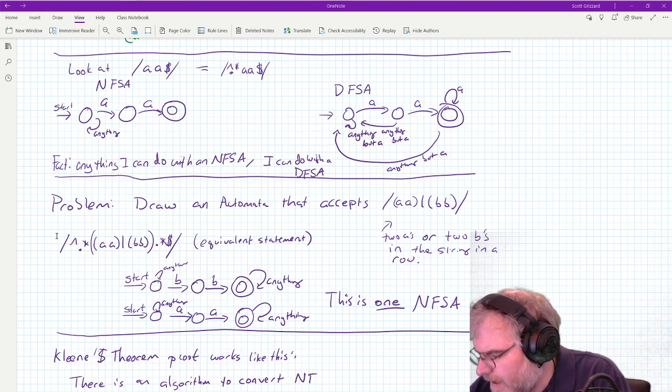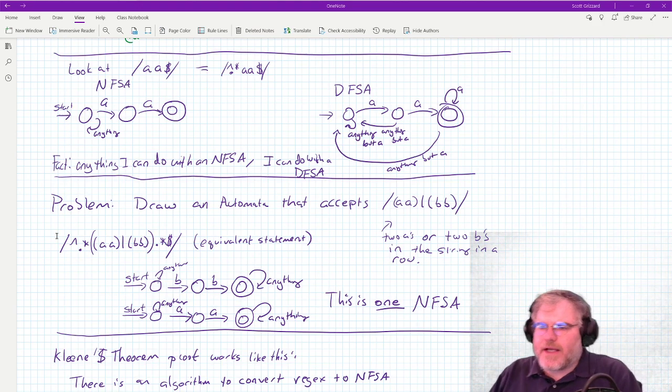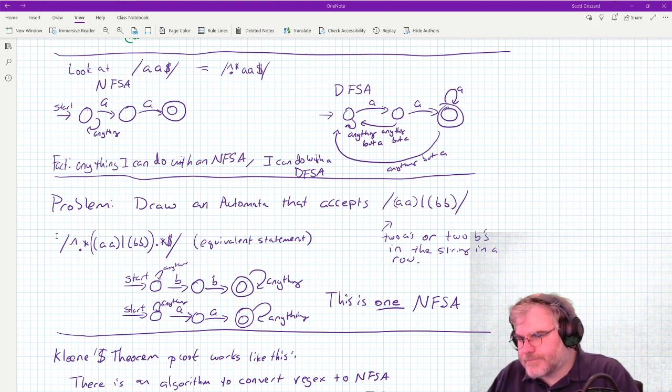There's an algorithm to convert regex to NFSA. There is an algorithm to convert NFSA to DFSA. That's basically how it works.